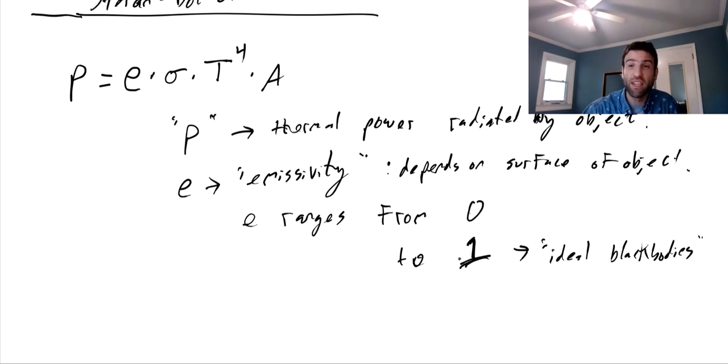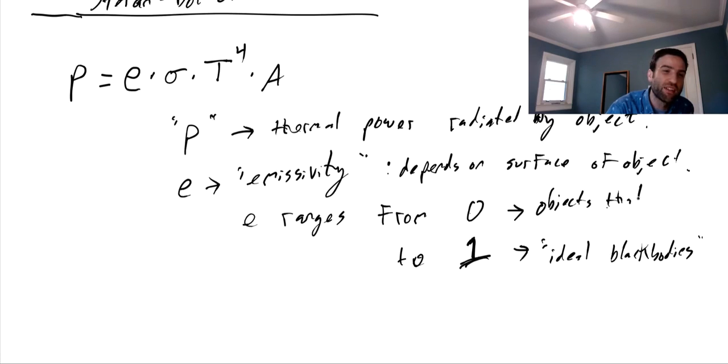The opposite end of this is when the emissivity is 0. There's no fun name for that, unfortunately. But objects with emissivity 0 are, let's say, objects that reflect all incoming light.